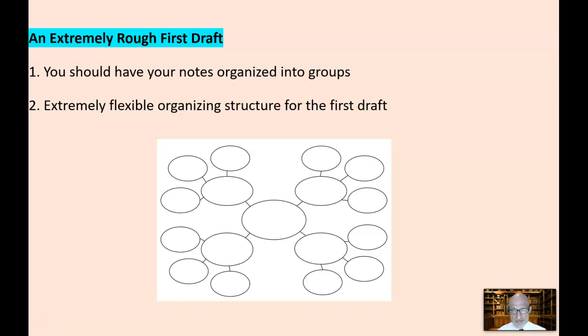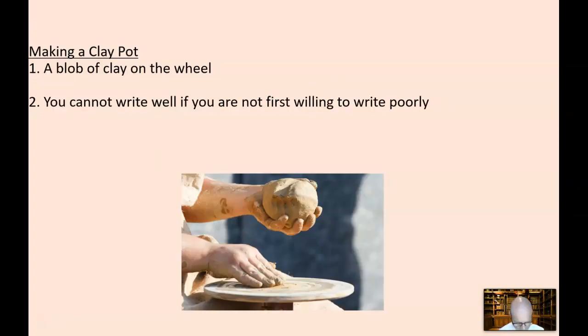Those groups that you had your notes in, and we talked about that in a previous video, are an extremely flexible organizing structure for that first draft, meaning those would become the headings and the subheadings. But note, as you write, as ideas emerge, these categories, these headings and subheadings will be changing, will be evolving as you write. So extremely flexible.